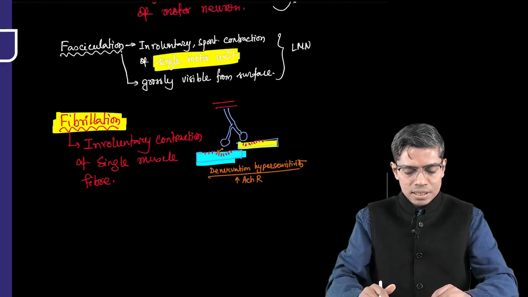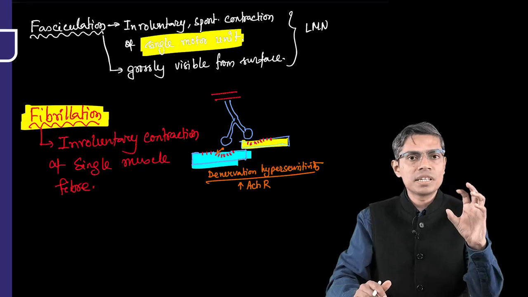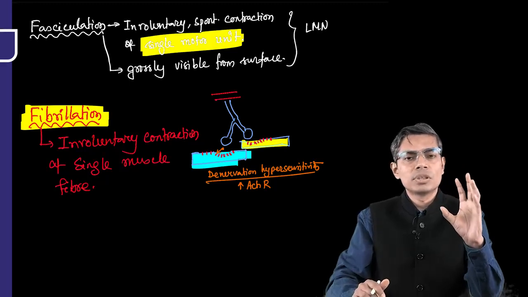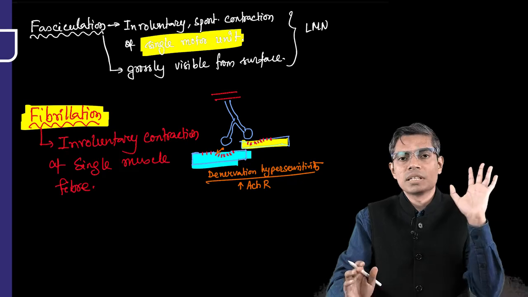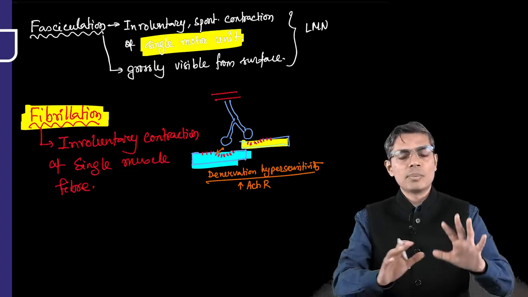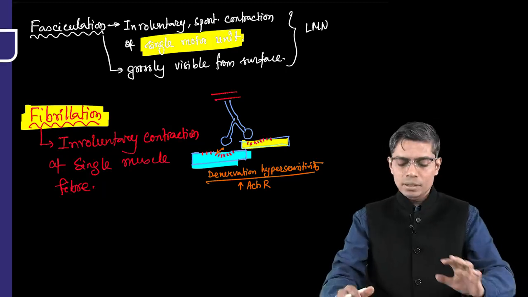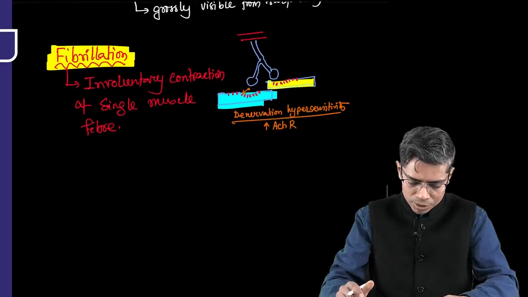So fasciculation is contraction of a single motor unit, and fibrillation is contraction of a single muscle fiber. Both are pathological, both are seen in lower motor neuron disease. That's all about the applied aspect of motor unit, right? Now at the end of this chapter, we are going to discuss the difference between skeletal muscle fiber types.